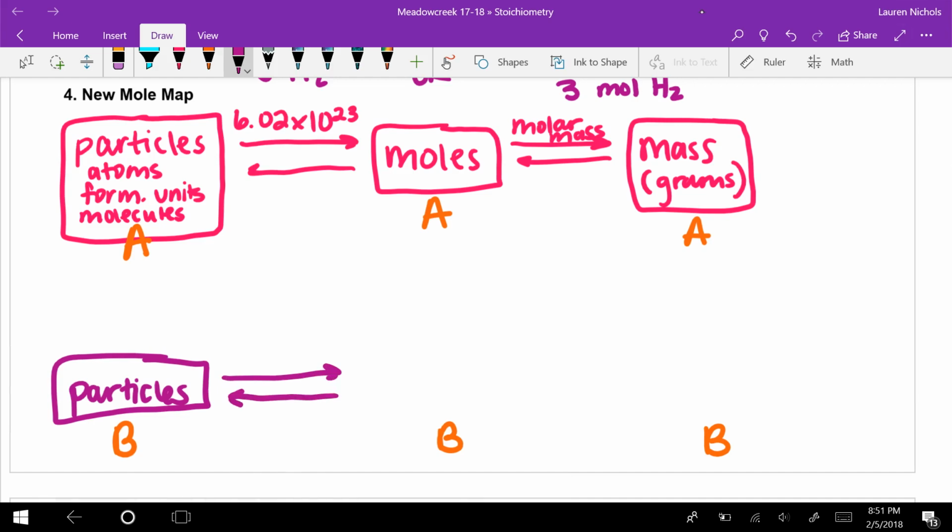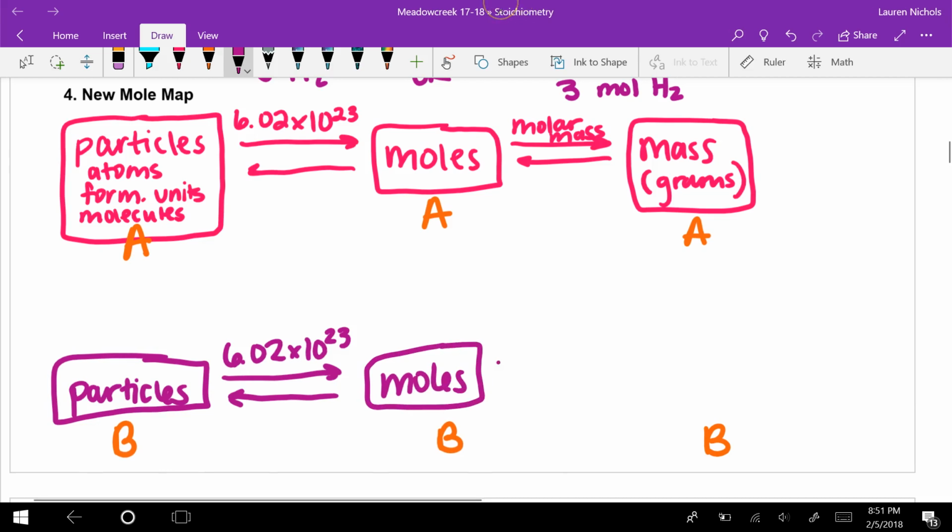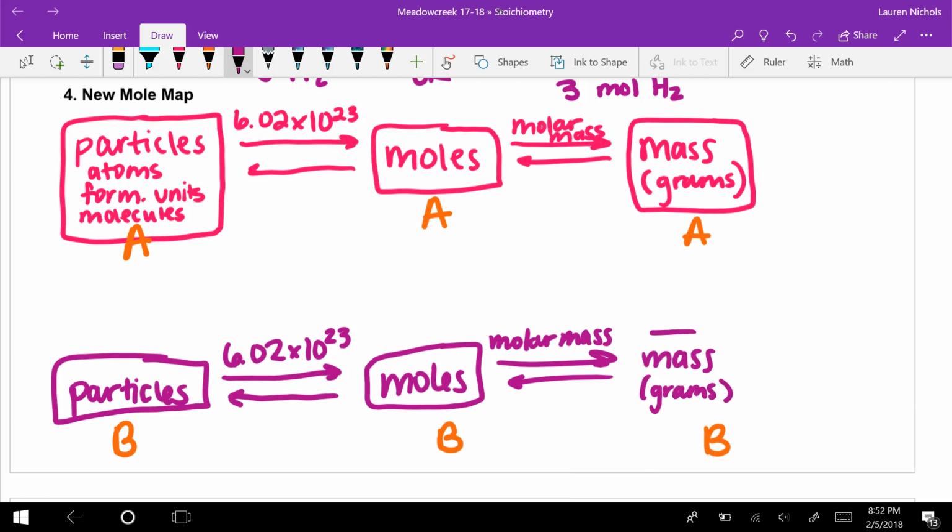You can still use 6.02 times 10 to the 23 to convert into moles, and you can still use molar mass to convert into mass or grams. So no matter what substance you're in, whether A or B, your mole map looks the same. It doesn't change.